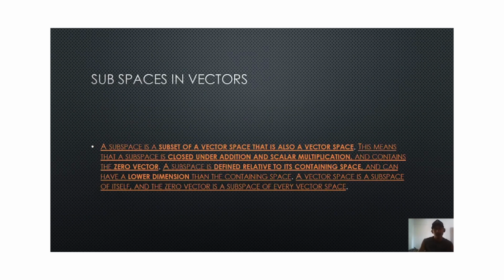Subspaces in vectors. What is a subspace in vectors? A subspace is a subset of a vector space that is also a vector space. There's already a vector space at the first, but there's another vector space inside a vector space which is also a vector space, known as a subspace.